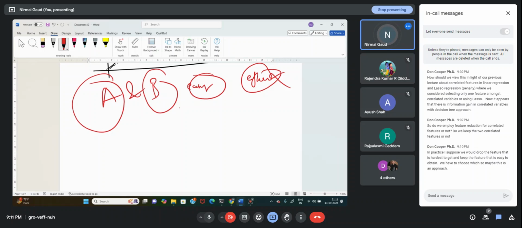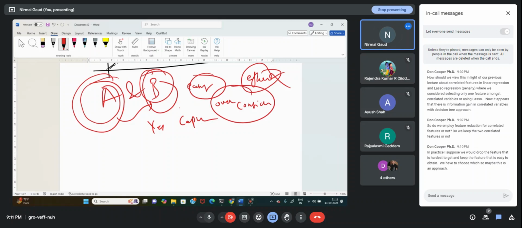I want the model to put in effort, because if we keep the correlated features in our model training, the model will say yes, I have captured every point present in the data. Actually, it hasn't captured. It was capturing A, but B was coming on the way of capturing A. So the model captured B also, and the model becomes confident. That is called overconfident. I captured A also, I captured B also. See how good I am.